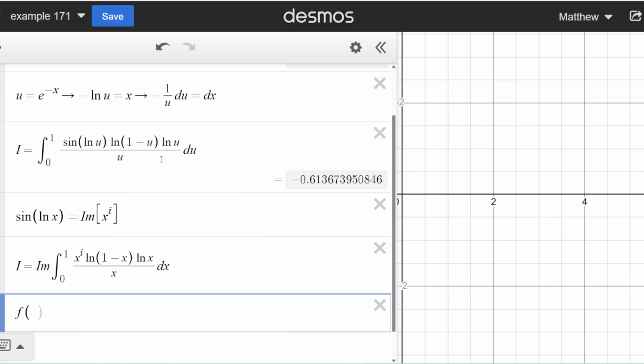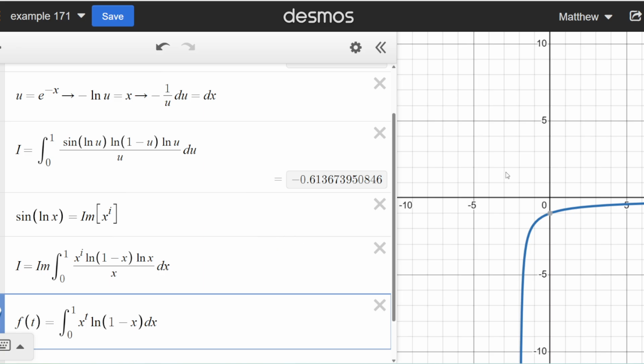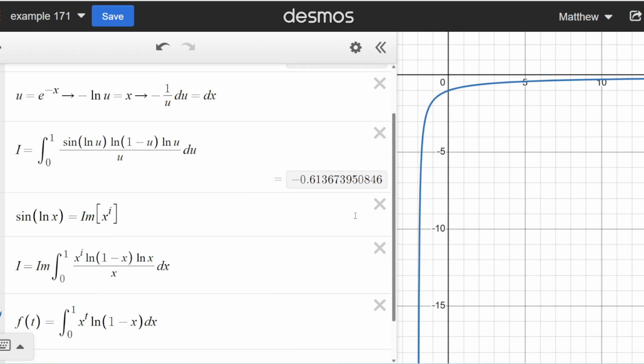So what I'm going to do is let some function of t be equal to the integral from 0 to 1 of x to the t times natural log of 1 minus x dx. And now we can see more of our function there.